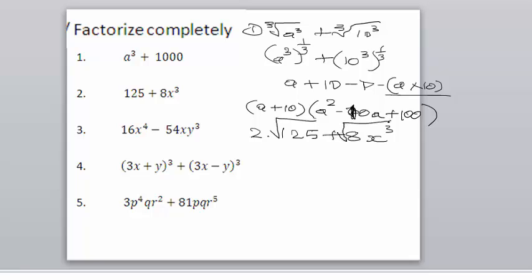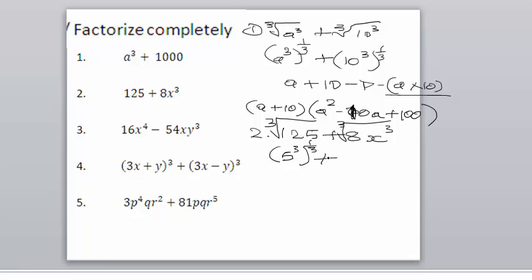I'm putting that cube root just to show you, as I did for the first one. So I'm doing the same for the second. Clearly I should have a bracket here, so as not to skip steps. 125 is the same as 5 to the power of 3.